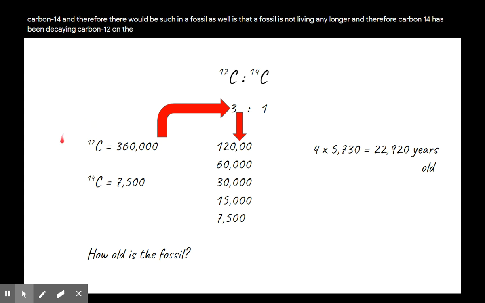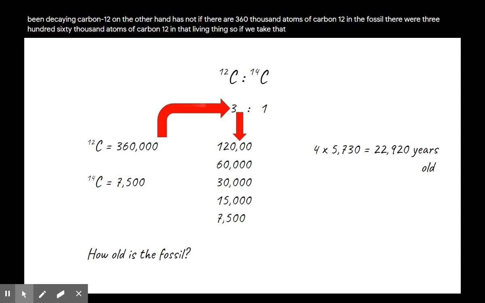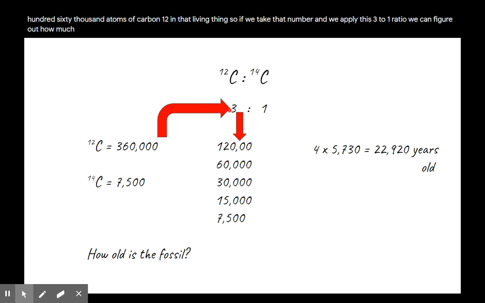Carbon-12, on the other hand, has not. If there are 360,000 atoms of carbon-12 in the fossil, there were 360,000 atoms of carbon-12 in that living thing. So if we take that number and we apply this 3-to-1 ratio, we can figure out how much carbon-14 there was when this living thing died.